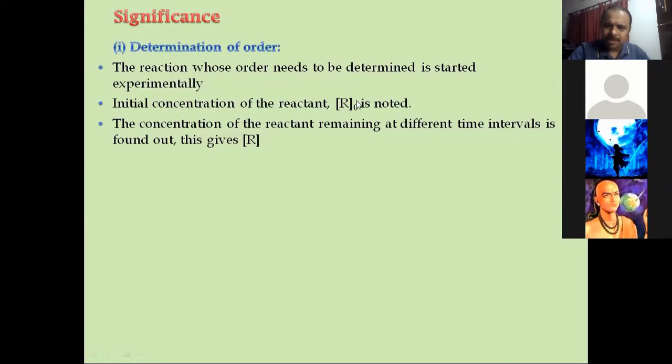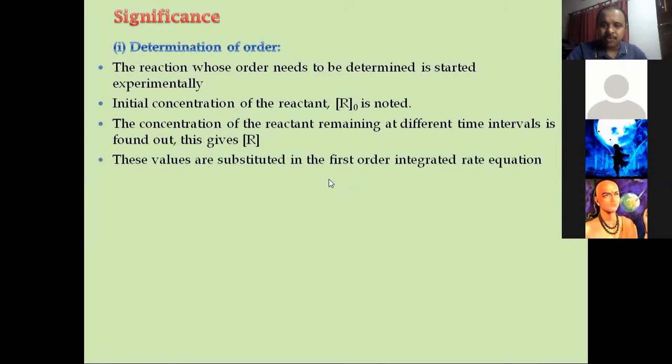Correct? Now the initial concentration is known. The remaining concentration at different time intervals is known. So time data is there, R is there, R naught is there. These values are substituted in the first order integrated rate equation: K is equal to 2.303 by T log R naught by R. Let's say we started at 0 time. After 5 minutes, we find out what R is.